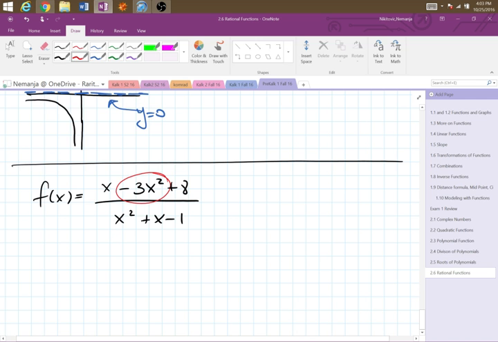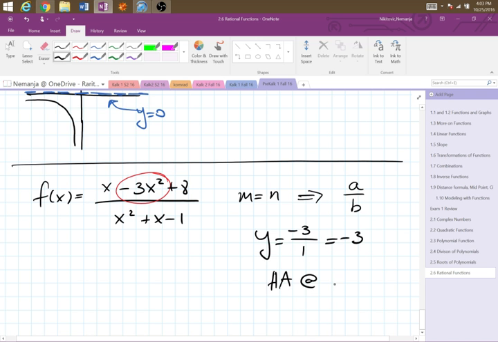It's your job to fish for the leading term and then realize that the exponents are the same, which immediately implies the ratio of front coefficients, which is -3, so -3 over 1 is -3. So the horizontal asymptote is at y equals -3. I'm not going to graph the function, I'm just going to graph the asymptote.